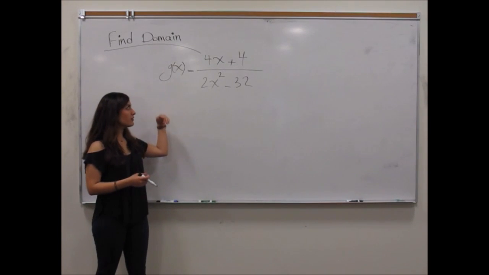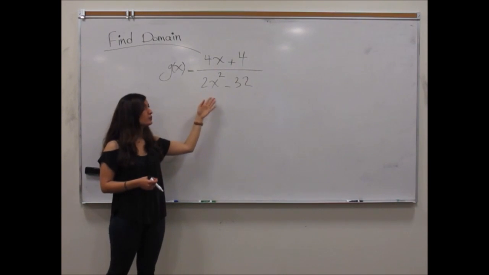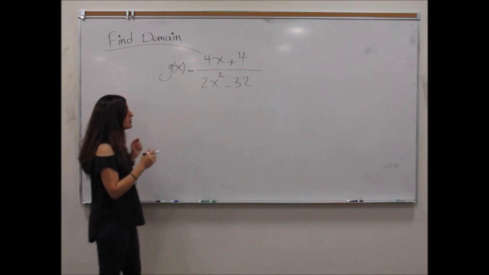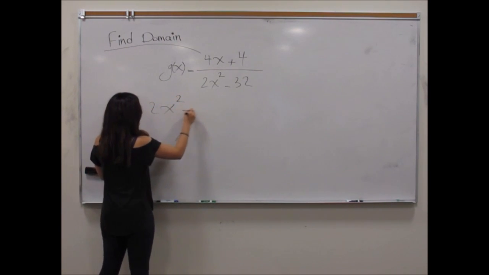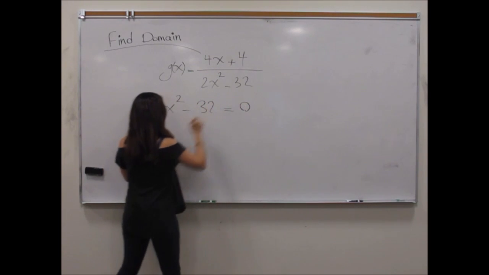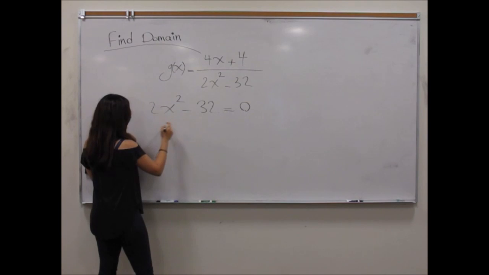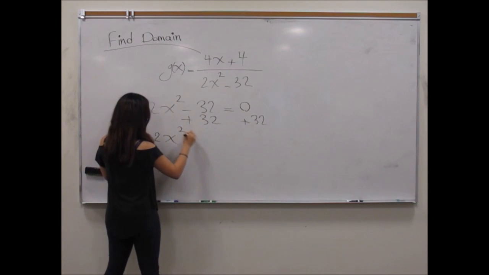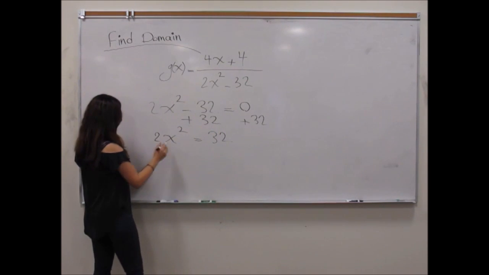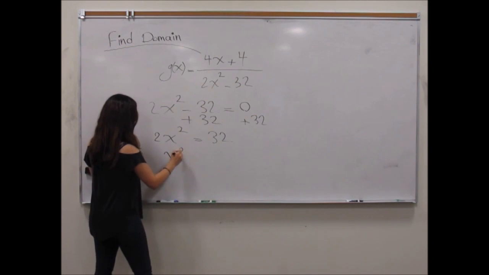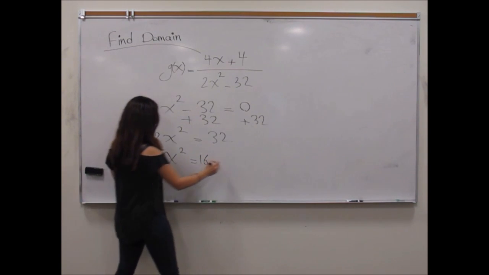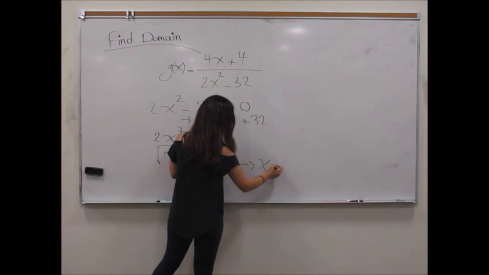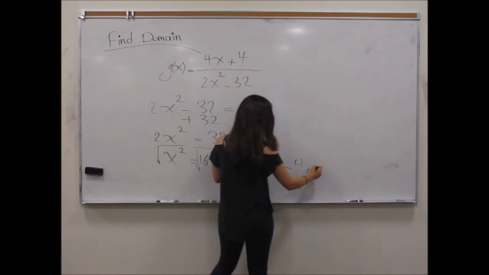Alright, so to find this function's domain, we have to set the denominator equal to 0 to see at what points this function is undefined, and then exclude those points from the domain. So 2x squared minus 32 equal to 0. I add the 32, I get 2x squared equal to 32, and divide both sides by 2, I get x squared equal to 16, and when I take the square root of both sides, I get that x is equal to negative 4 or positive 4.